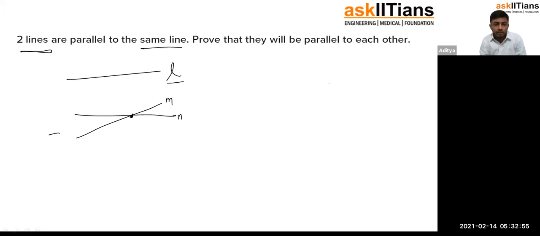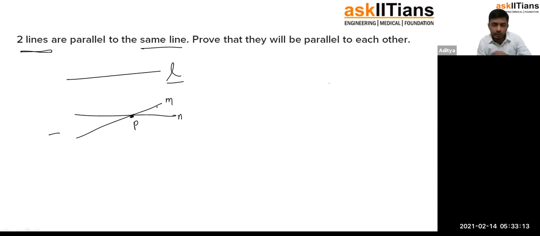If they are not parallel, then they will have to intersect. Now, if this point is P, then by Playfair's axiom, we can say that there will exist a unique line which is parallel to line L and passes through P.